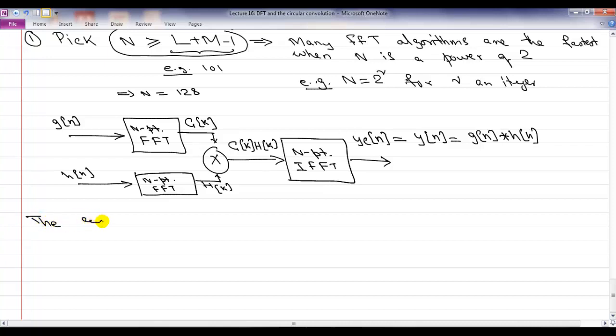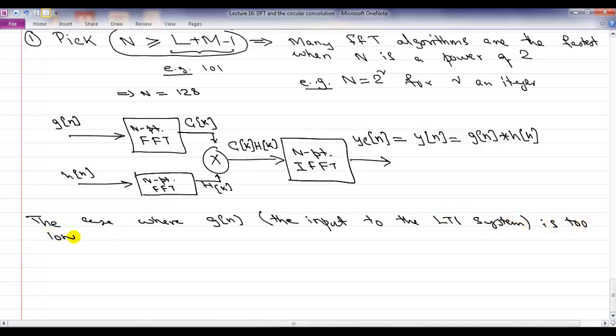So to reiterate, in the case when the input signal g[n] is too long, we do not process that input signal using the above procedure as it is. And too long does not necessarily have to mean that you have acquired all the signal beforehand.